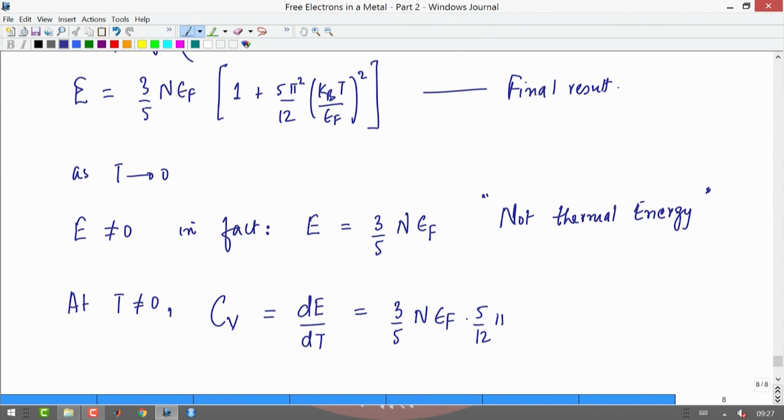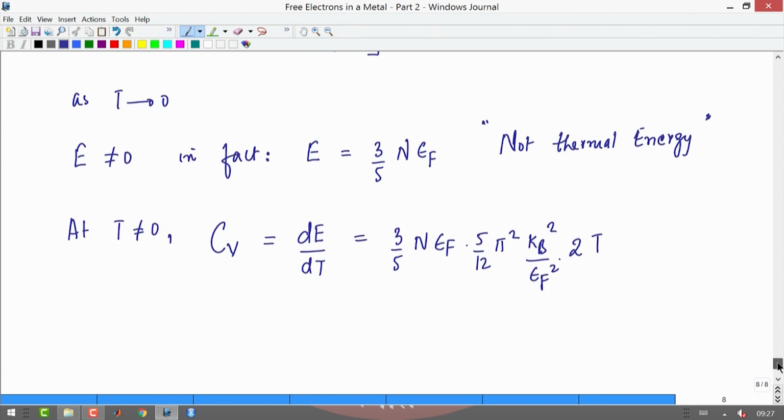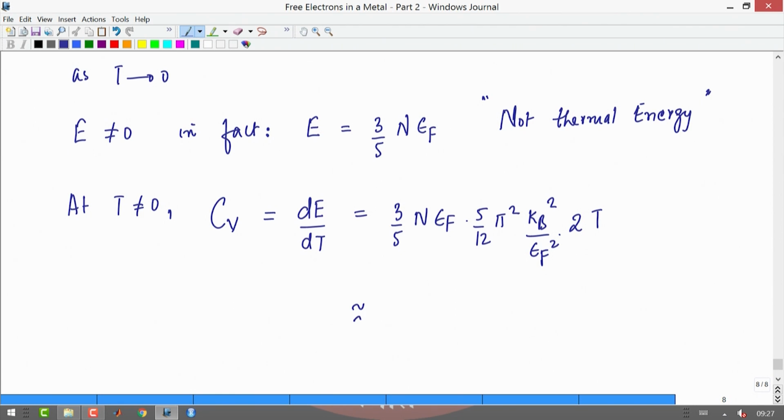5 by 12 pi square kB square over EF square and 2 times T, and you can already knock off a lot of terms here. So, you can knock off this and you can knock off 1 EF, and this becomes 6 and that becomes just 2.